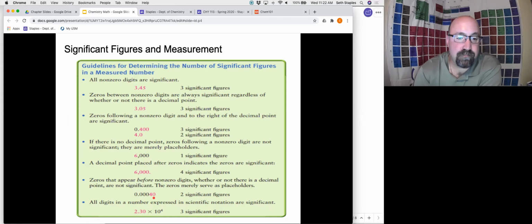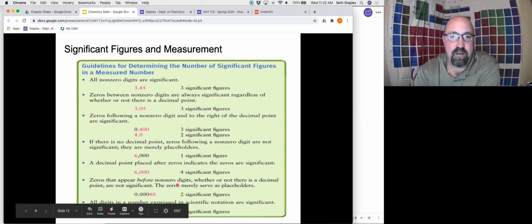Scientific notation is another tool. Another thing it's useful for is that it removes any ambiguity surrounding significant figures. All digits expressed in scientific notation are going to be significant.